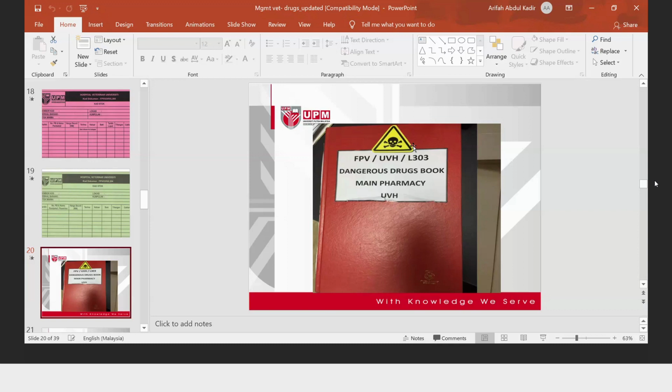You must be very careful with the book, because all these drugs are more dangerous. Again, the logbook has a number, so this is our record quality. In case of traceability, if we want to trace who used what drug, at what time, and when, we will go and check this book. This book will tell us all the information.